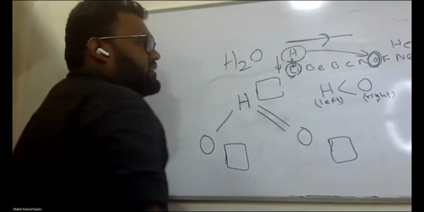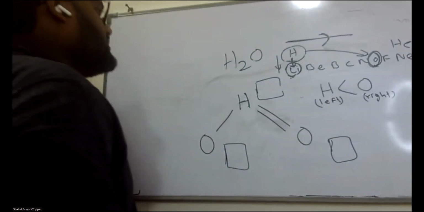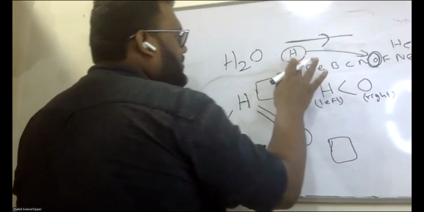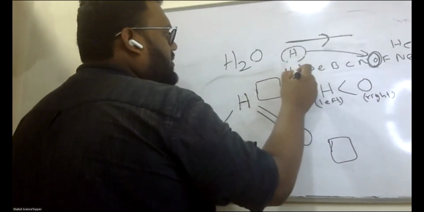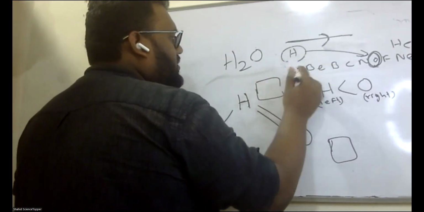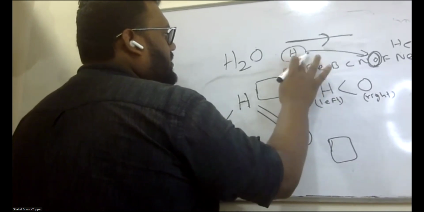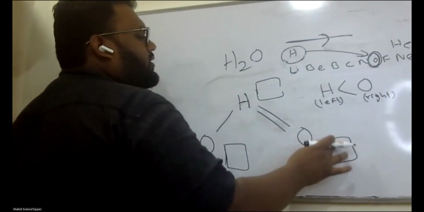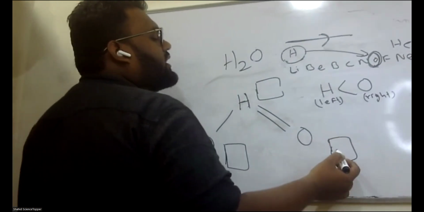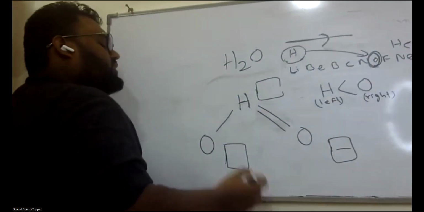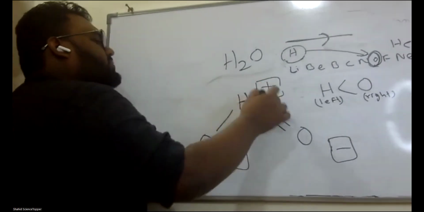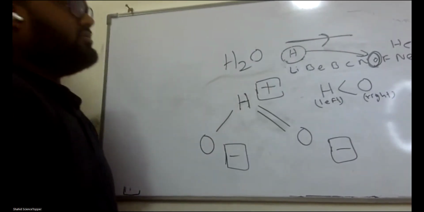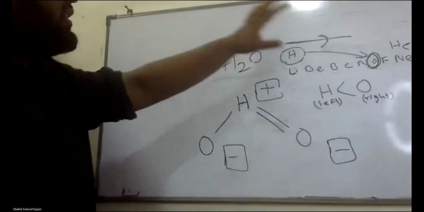That is the reason. So the higher electronegativity gets minus. So this oxygen is minus, and this will be plus. So you need to write the entire thing.